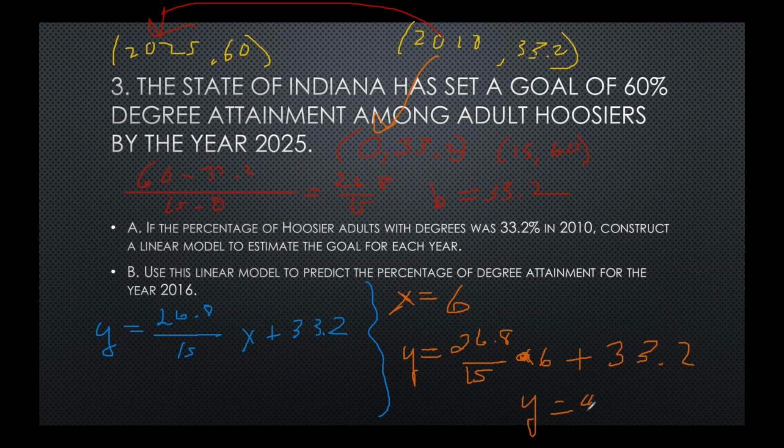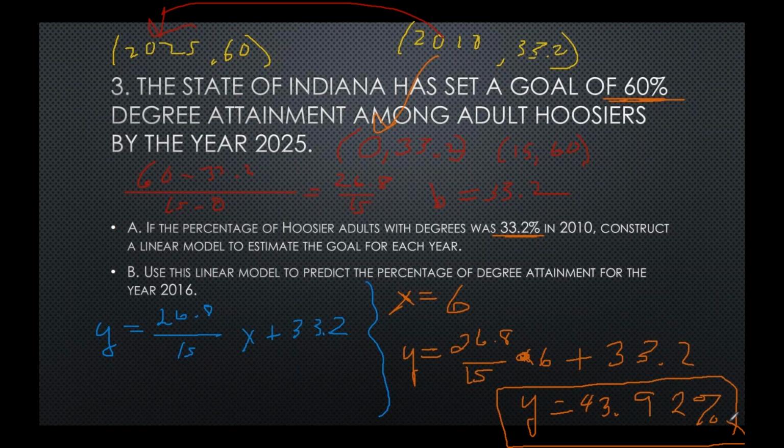Y equals 43.92. And technically it would be a percent because our Y values are percents in these problems. So 43.92% would be the estimated or the predicted percentage of degree attainment, assuming that we're making progress in a timely manner. Yeah, very good.